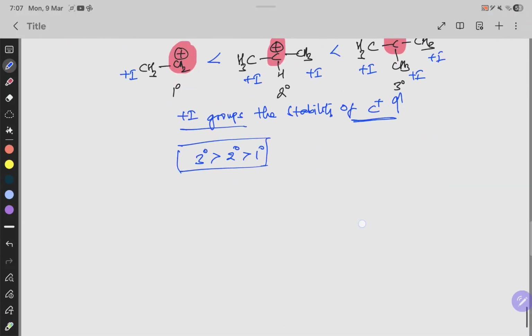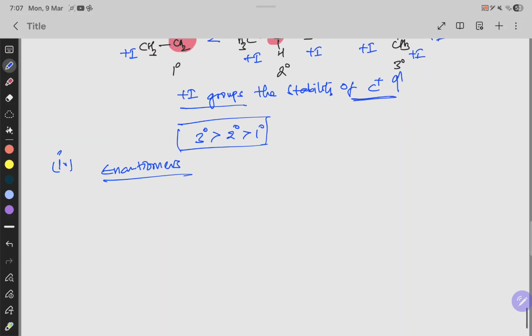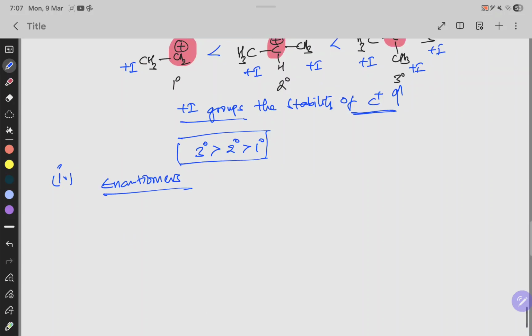And the last one, define enantiomers. Enantiomers are non-superimposable mirror images. Non-superimposable mirror images are called enantiomers, right?